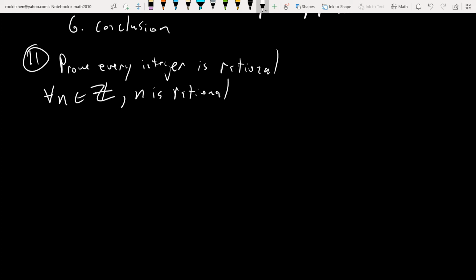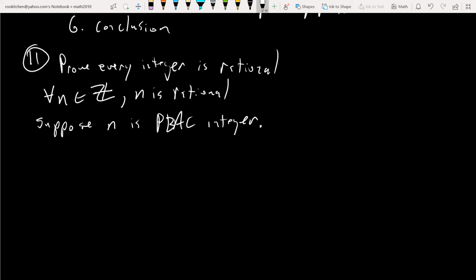Or if you'd rather do it as a universal conditional, for all numbers, if the number is an integer, then it is rational. Okay, so do our supposition: suppose n is an arbitrary integer.